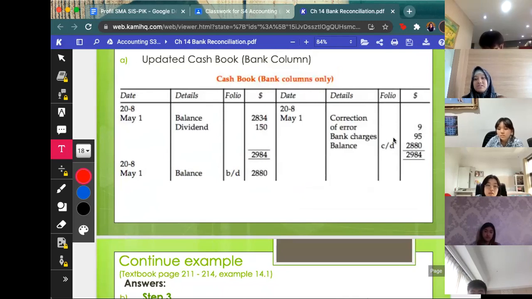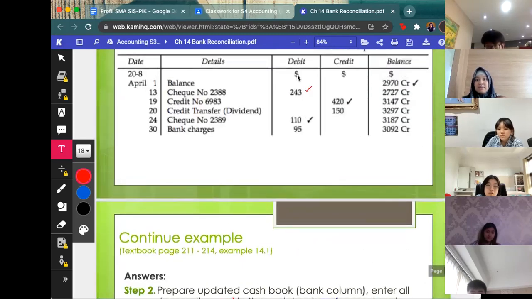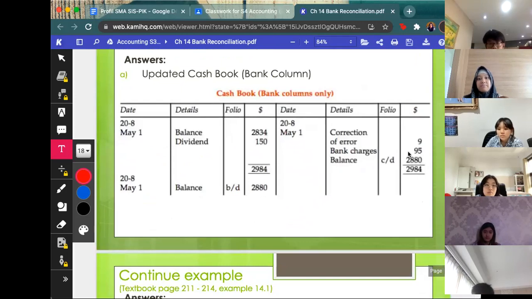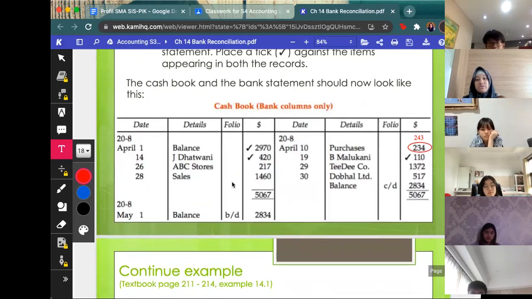And then bank charges is 95, because it is deducting the money. Debit in the bank statement is shown as credit in the cash book, okay? And then this balance, 2834, will be taken from the cash book over here. Do not take this one, but you must take the newest, the latest.